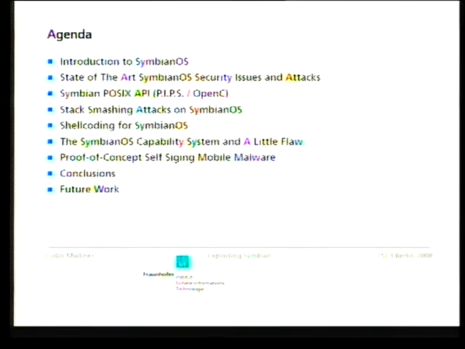Then I will introduce you to the POSIX API, which was recently added to Symbian OS, which actually got me started thinking about researching Symbian security. A short part on stack smashing attacks, shellcoding, the capability system, the proof of concept, and I will give you some conclusions and some ideas for future work for me and you and everybody else.